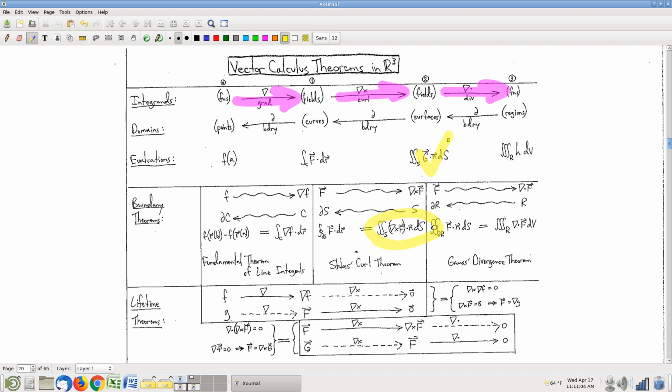Well, it's a flux of a curl. You don't have to memorize that. The pattern you've already memorized tells you what to write down there. And all this stuff down here, the theorems: again, everything has a lifetime of 2. It has several different looking consequences, but it's a pretty easy pattern. Okay, so not much to actually memorize.